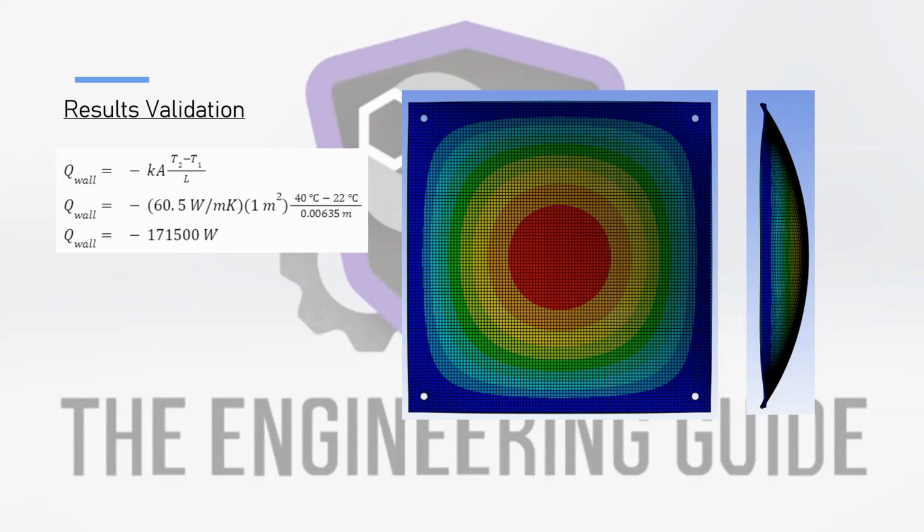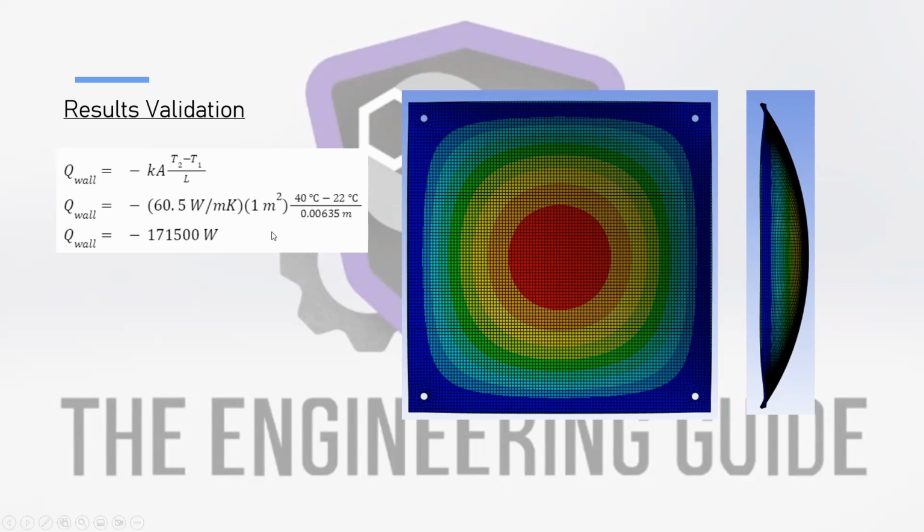So for the thermal analysis, we will be able to validate the results since we know how to calculate the total flux through the wall by plugging all the variables into Fourier's law. The thermal conductivity, 60.5 watts per meter Kelvin, given to us as the default thermal conductivity for structural steel in ANSYS.